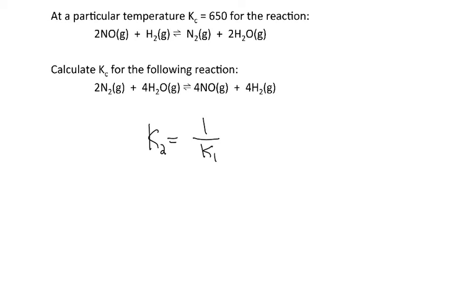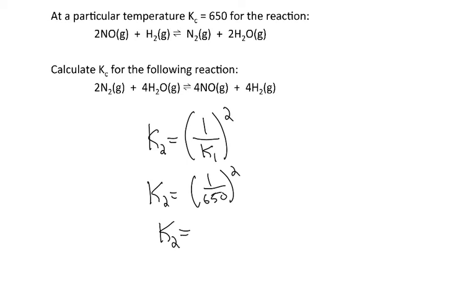And then because I multiplied the whole thing by 2, I'll raise it to the second power. So my new equilibrium constant will be 1 over 650 squared. And when I calculate that, the number that I get is 2.4 times 10 to the minus 6.